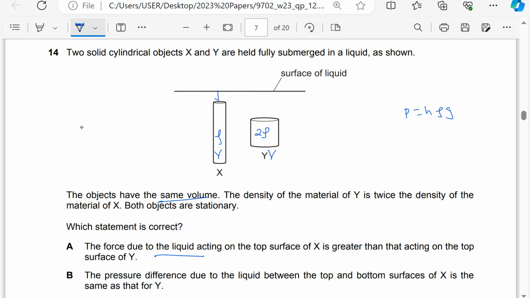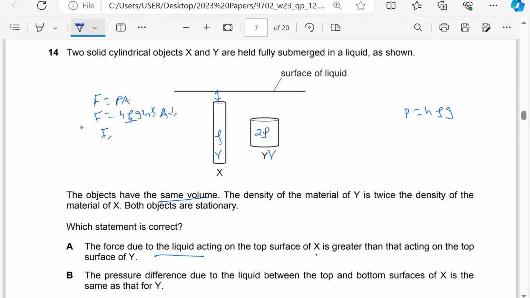Remember, force is equal to pressure times area. The pressure is density of the liquid times g times h. Note that h is very small for X, and even the area is very small for X, so the force must be less.